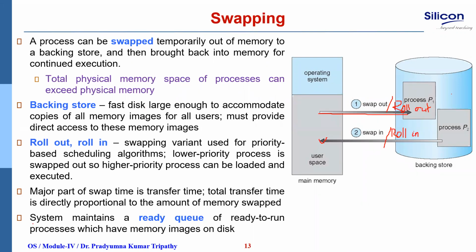So the system maintains a ready queue of ready-to-run processes. There might be multiple processes. Suppose you have a program you are executing, it may have a number of parts. For each one, where it is to be loaded and in which location, that information has to be kept. Those are the images.